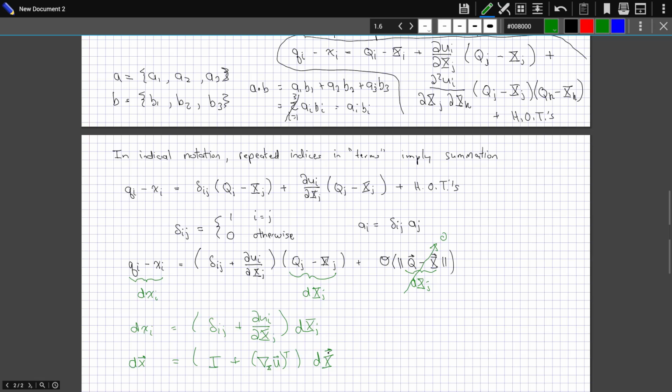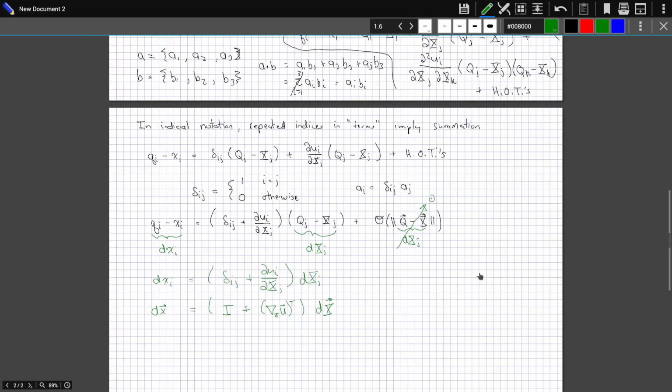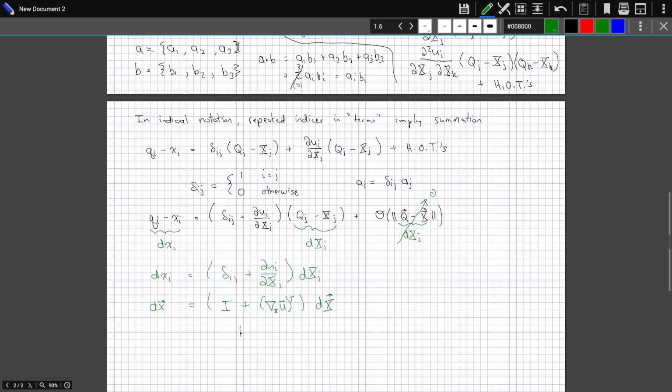This is the thing that takes a vector, it's a map, right? So it takes a vector in the reference configuration into a vector in the current configuration. This thing is called the deformation gradient. We often use the symbol F for that. And so again, this will be the last thing I write: dx is equal to F dX.